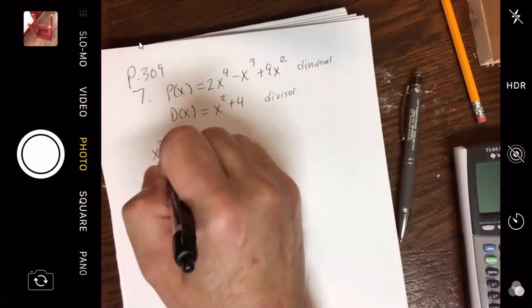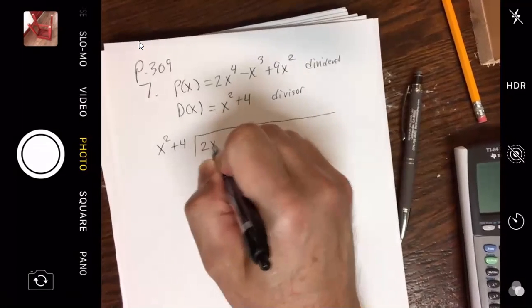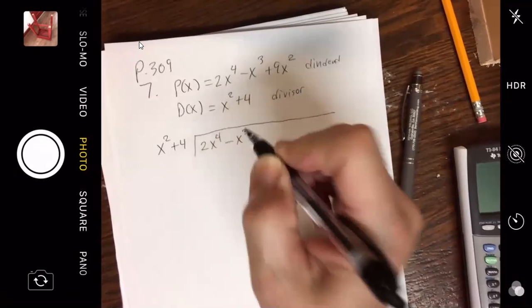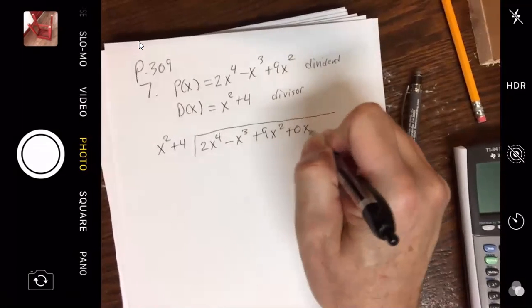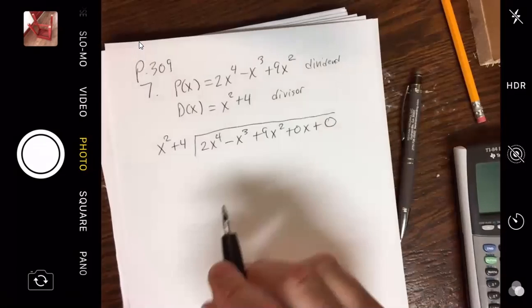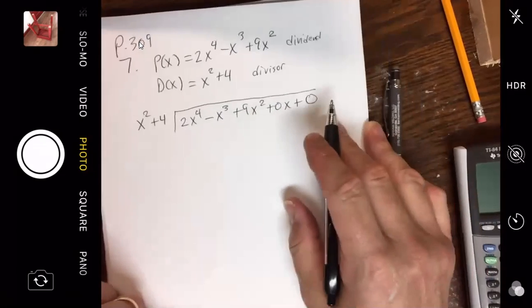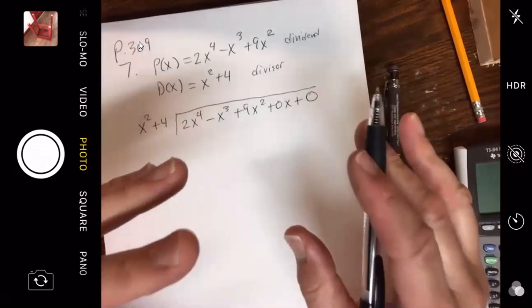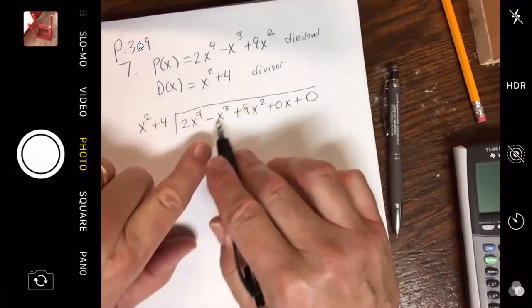I'm going to write 2x to the 4th minus x cubed, add 9x squared, plus 0x plus 0. I always fill in missing pieces with zeros. It's very tough to do blanks. It's very confusing.